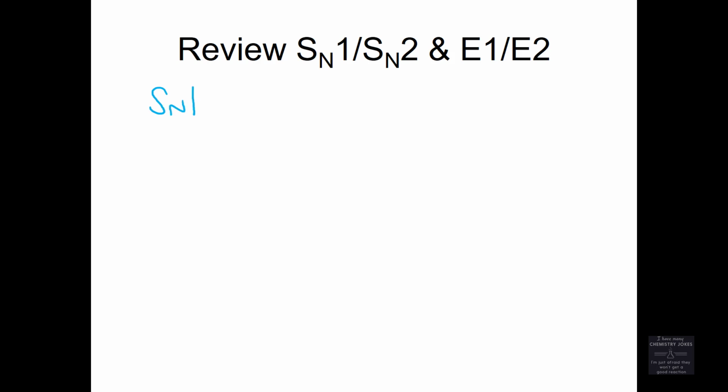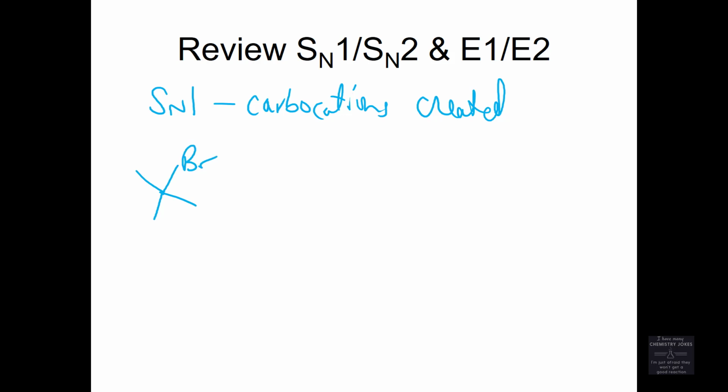SN1? SN1 goes through a familiar intermediate. It's probably become our favorite intermediate. We'll see more of those this semester. It goes through a carbocation. So you need a crowded substrate, like that tertiary alkyl halide, in order to do SN1. That tertiary alkyl halide, let's put in some water.